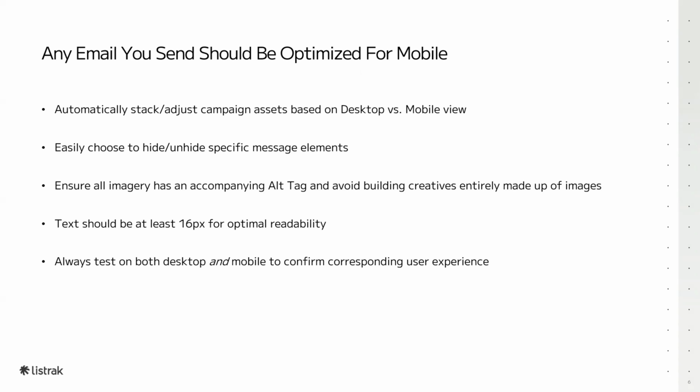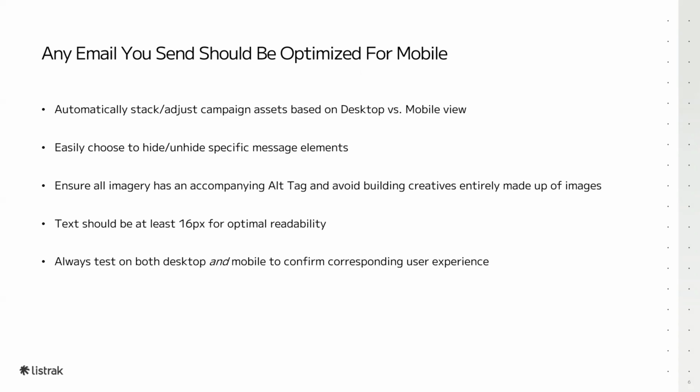The only real exception is fine print disclaimers or your company address in the footer of the message. But those can be smaller. Composer goes all the way down to 10 pixel font, but we obviously don't want to use a 10 pixel font for your paragraphs in the message, your button text, etc.